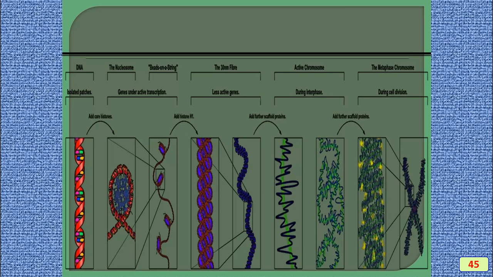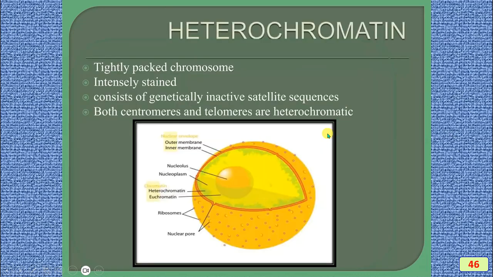Usually the DNA is present in isolated patches. Then the active chromosomes during the interphase will be there, and during the development or division of the cell, all these structures are formed in different stages.